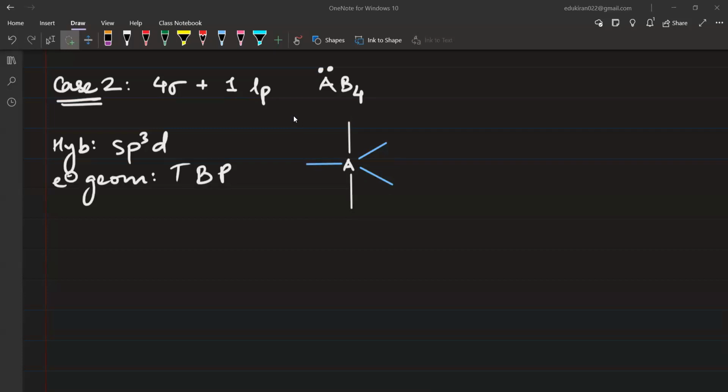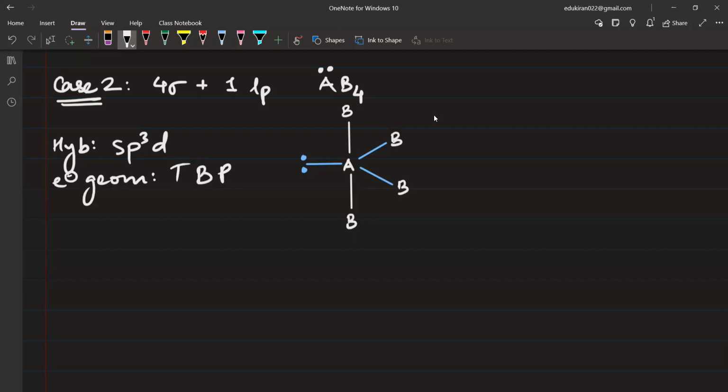Where should I put the lone pair? We have just written a note now. Axial or equatorial? Read the note and tell me, guys. Equatorial position, no? So blue one, right? Equatorial is blue. Yes, Alia, correct. So I will put the lone pair here, and then I will write B, B, B, and B.